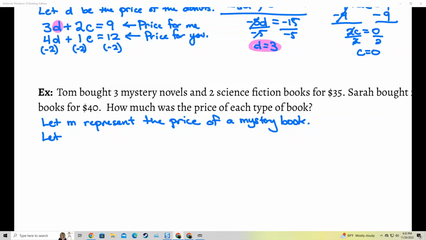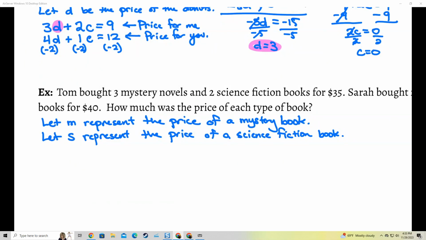Let S represent the price of a science fiction book. Be careful when you do your S's in a math problem, because S's tend to look like 5s. So just be really, really careful. Make sure that your S and your 5 looks way different.